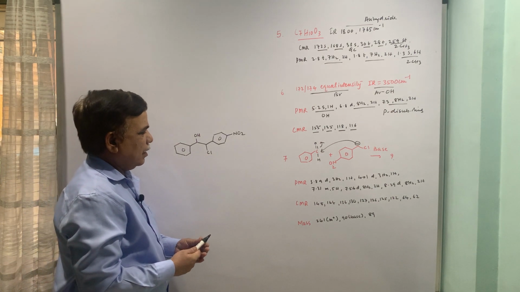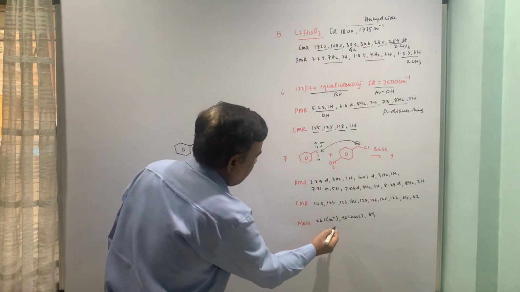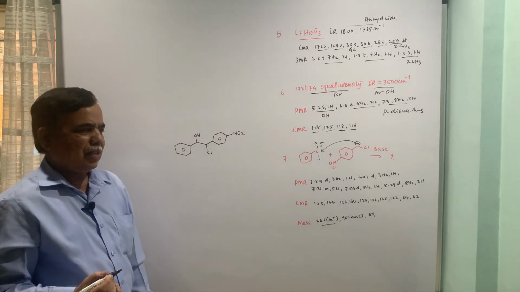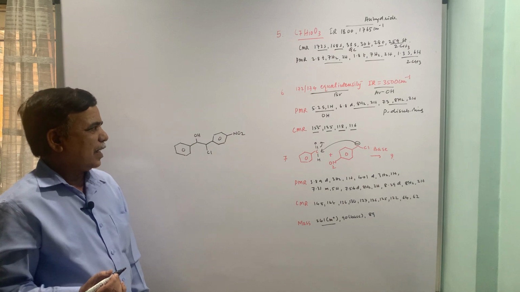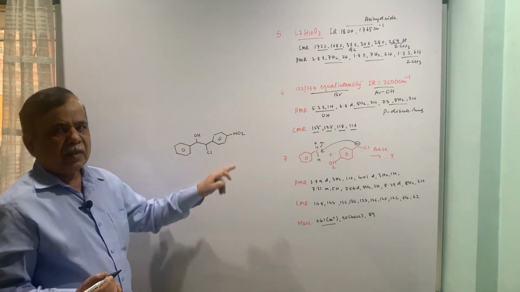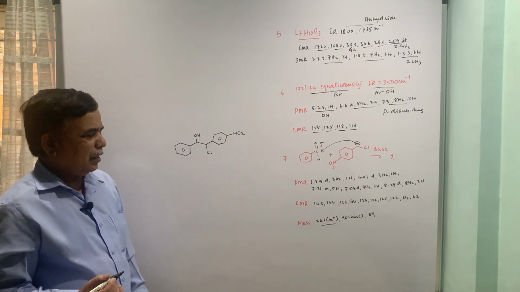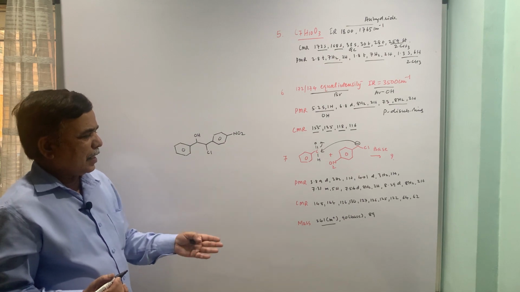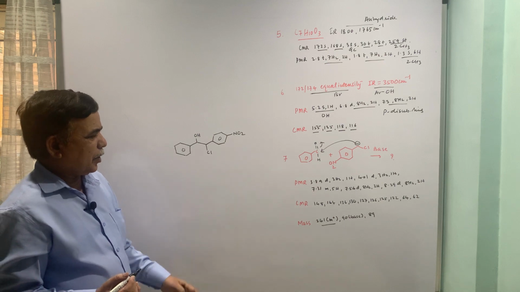If you look at the mass, mass gives one hint. Molecular mass odd means this should contain nitrogen. Nitrogen will certainly make the molecular mass odd. 90 is the base, that is the 100% peak, and 89 is another peak.